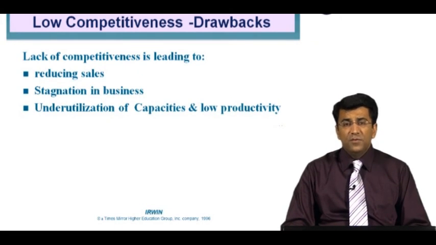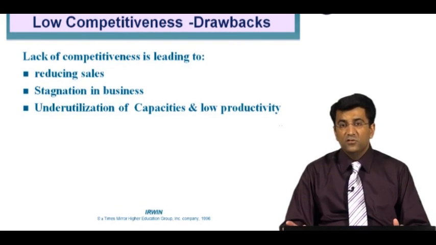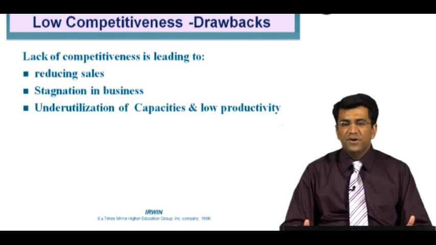Then again, there will be underutilization of resources because the demand will not be there. The customers will not be interested in buying the product from your organization, and there may be chances of underutilization of the different capacities and resources, and of course that will lead to lower productivity. So these are some of the drawbacks if you are not able to avail that competitiveness for your products and services.